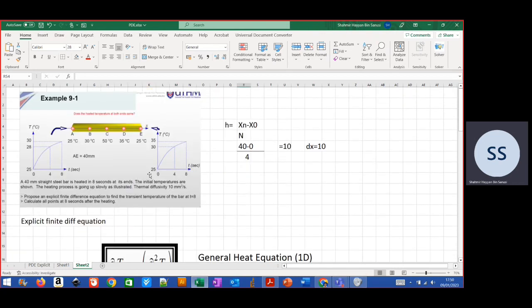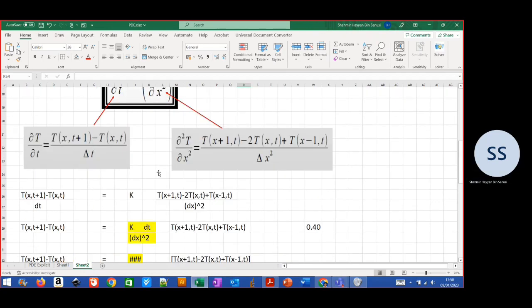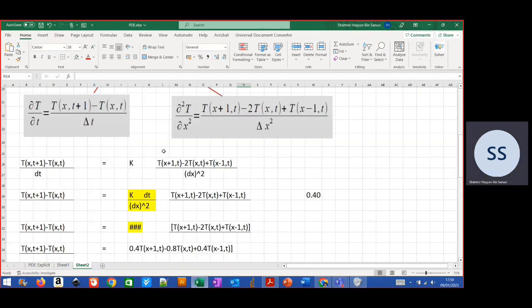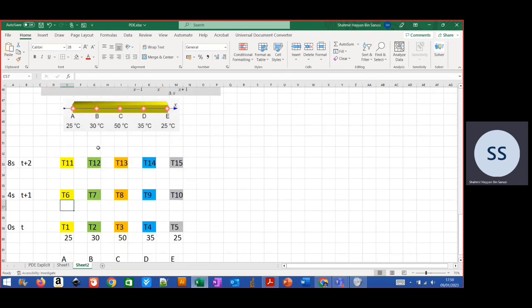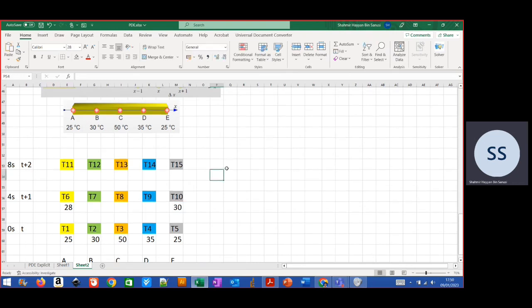If you refer back to your question, it already said point A at 4 seconds is 28 degrees Celsius, and point E at 4 seconds is 30 degrees Celsius. So it's 28 and 30. Meaning that since this is point A at 4 seconds, this is 28 degrees Celsius and this is 30 degrees Celsius.